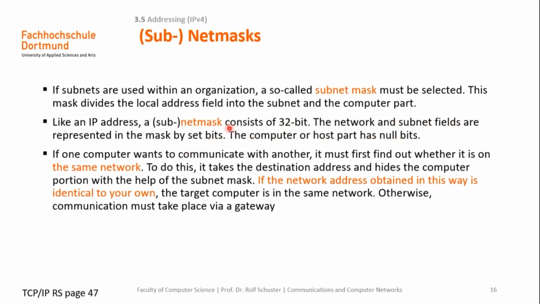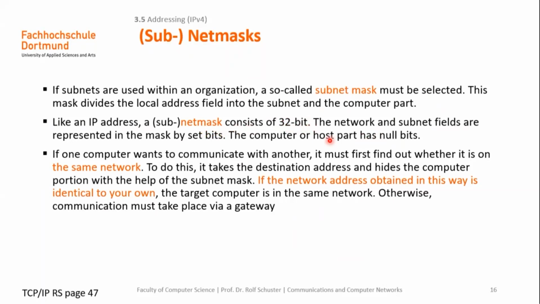That is, this 32-bit number is a number that has n bits, the most significant n bits in 1, and the least significant 32 minus n bits in 0. Then the bits in 1 permit identifying the network, and the bits in 0 permit identifying the host within that network.